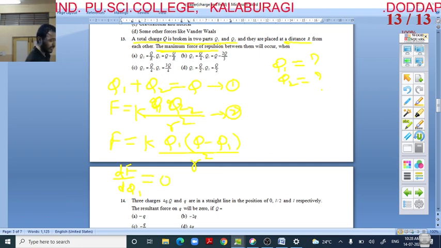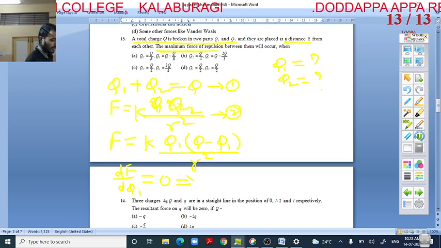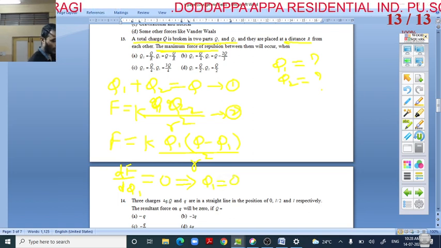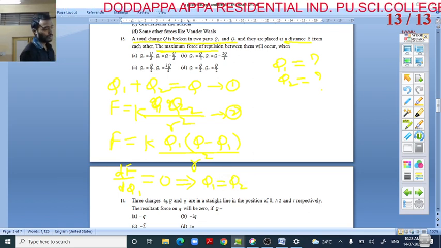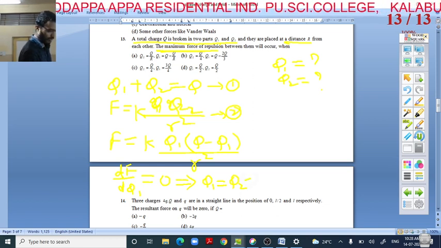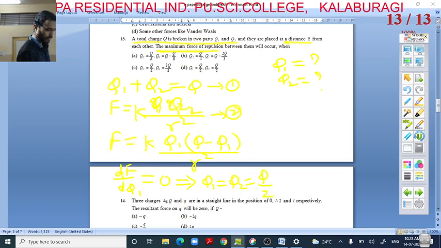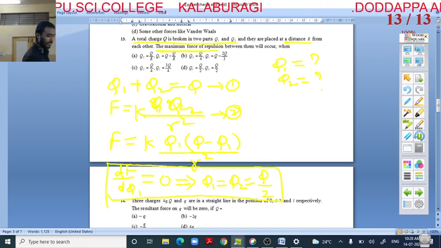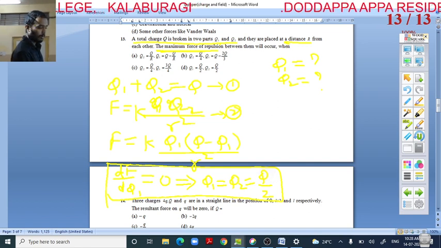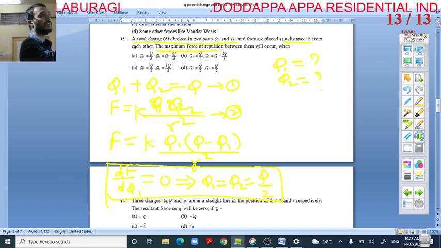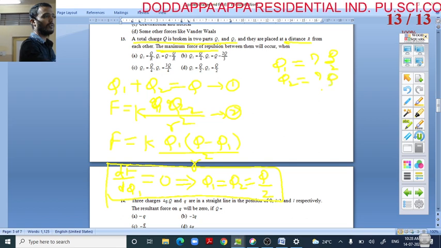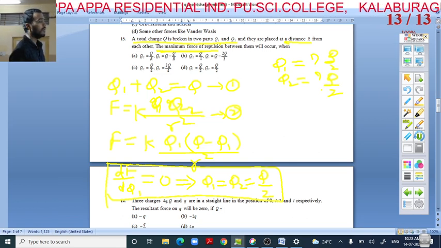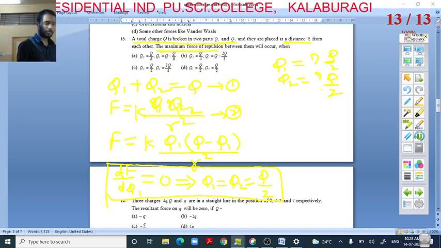This implies Q1 is equal to Q2, which is equal to Q by 2. So we got Q1 equal to Q by 2, and Q2 also Q by 2. If Q1 and Q2 values are Q by 2, then we will get maximum force.